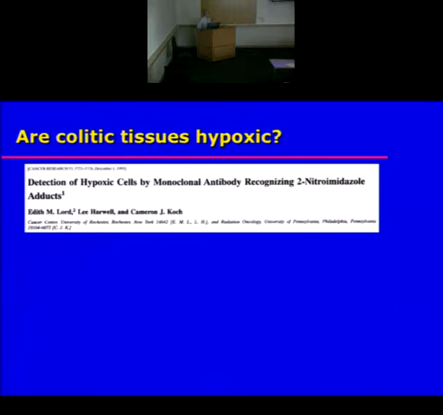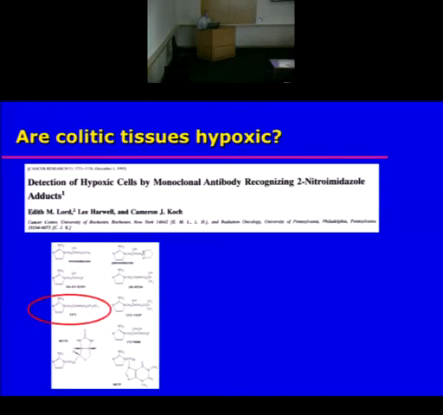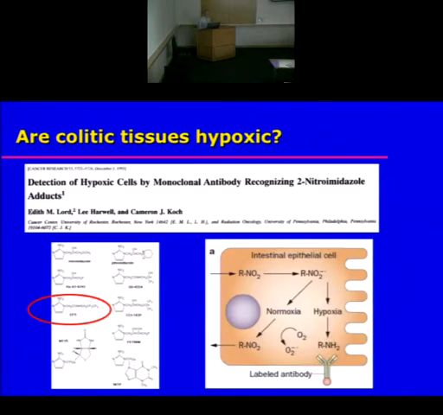So we set out years ago to determine if this was the case, and we took advantage of a monoclonal antibody which recognizes two nitroimidazole dyes. In particular, we've used EF5. These molecules are taken into cells passively, where they form a reactive nitrogen species that, under adequate oxygen concentrations, regenerate the native compound, exit from the cell, and pass in urine.